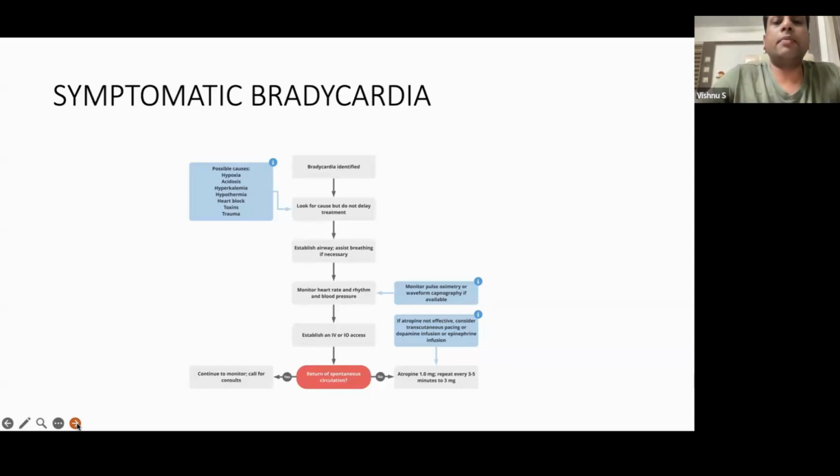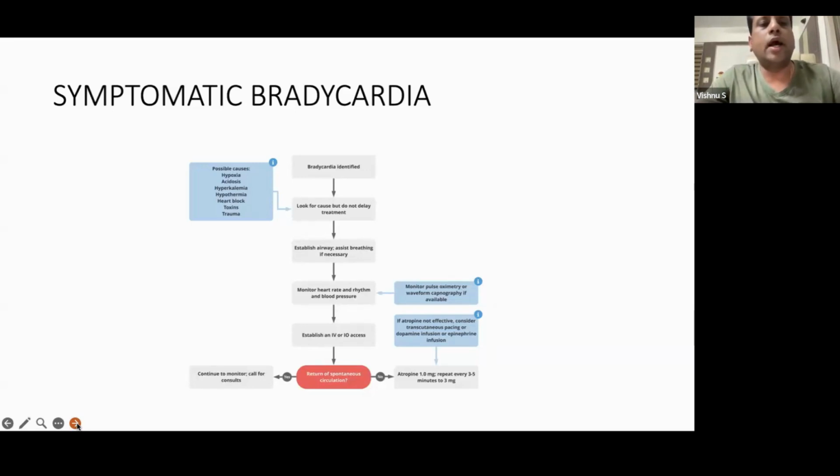So for every bradycardia patient, you should clinically examine, and acute causes of bradycardia should be ruled out. What are the possible causes of acute bradycardia? Usually we see a patient become bradycardic before a respiratory arrest and then go to cardiac arrest.